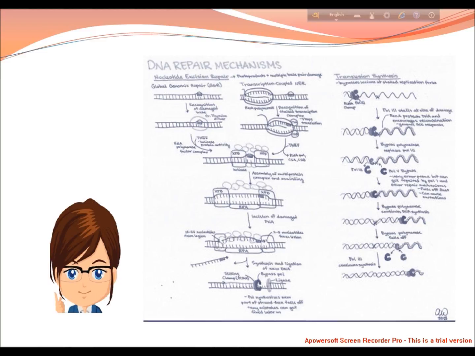The cyclin-dependent kinase inhibitor p21 is induced by both p53-dependent and p53-independent mechanisms and can arrest the cell cycle at the G1/S or G2/M checkpoints by deactivating cyclin or cyclin-dependent kinase complexes.